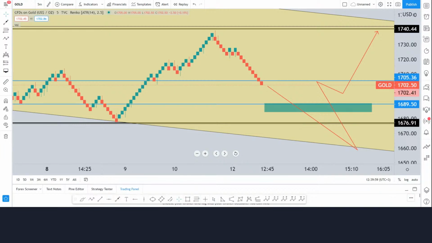Okay, I zoomed the chart to be more clear. We now have a downward trend, as I said.